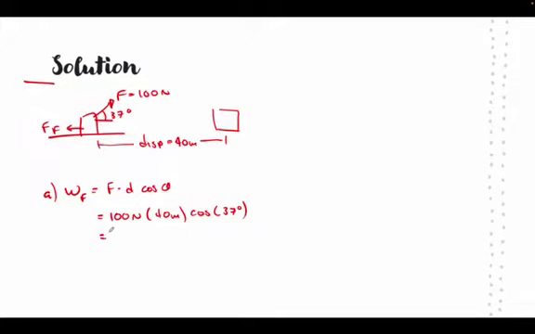So I could say that this is going to be equal to 100 times 40 times cosine of 37, which is positive 3194.54 joules.